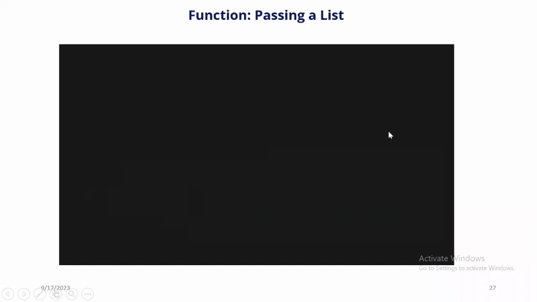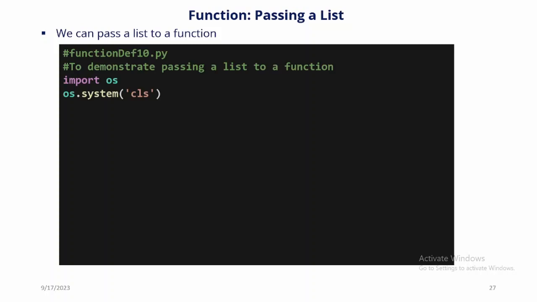So in the last few examples we saw how to return a dictionary from a function, but can you also pass complex data structures? We can pass a list to a function, we can pass a dictionary to a function, we can pass any kind of data to a function. In the same way we can return any kind of data from a function. So we call this function def10.